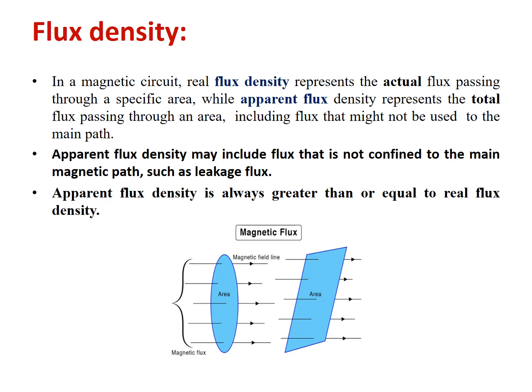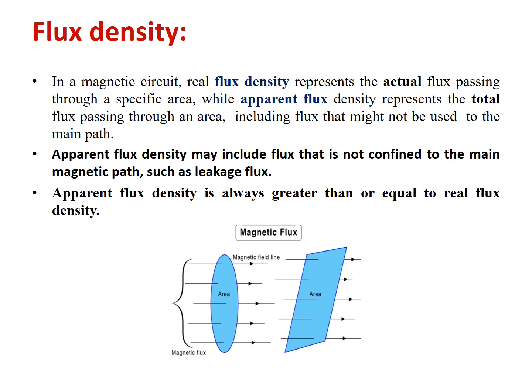The apparent flux density may include flux that is not confined to the main magnetic path, such as the leakage flux and joints in the magnetic circuit. Apparent flux density is always greater than or equal to the real flux density if you minimize the joints.